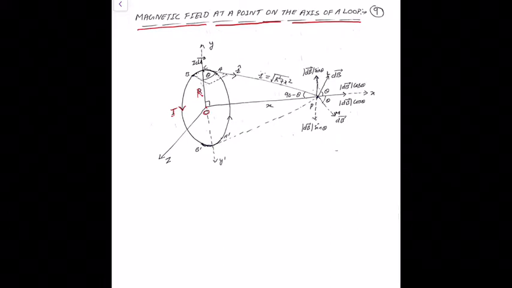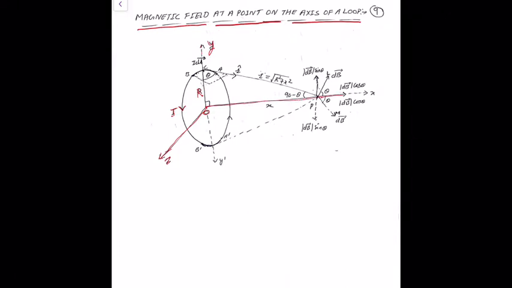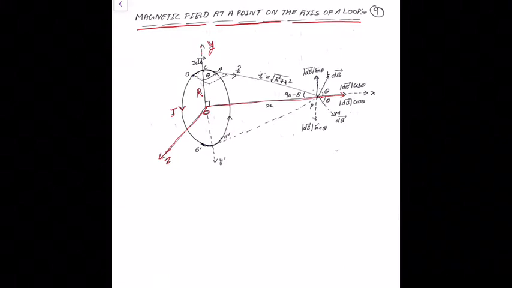The plane of the loop or coil is in the YZ plane. Here Y, here Z. Loop in YZ plane is perpendicular to the plane of the paper, while the axis of loop, that is x-axis, lies in the plane of the paper.